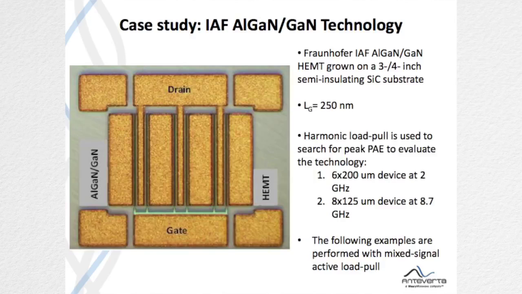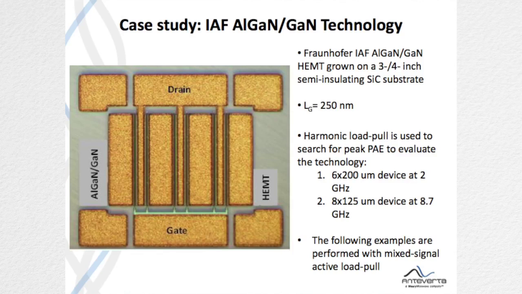So I'm going to step now to a few examples of harmonic load pull measurements. These measurements, as I mentioned, have been done by the Fraunhofer Institute of Applied Solid State Physics in Freiburg on their gallium nitride HEMT devices.